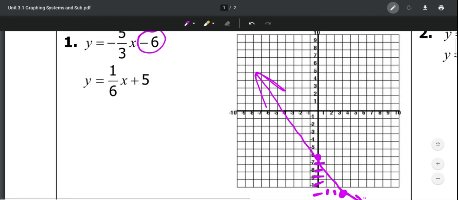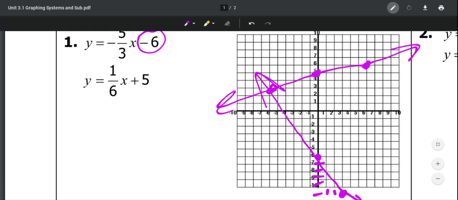That's going to start at 5 right here. Then we go up 1 over 6. So up 1 over 1, 2, 3, 4, 5, 6. That gets us about right there, and we just draw that line. You can't really fully see it on mine because mine's drawn poorly.